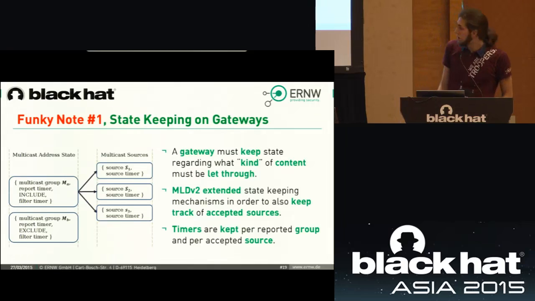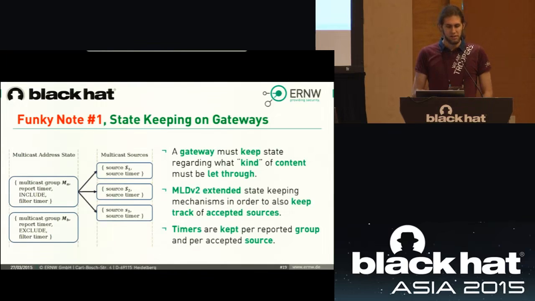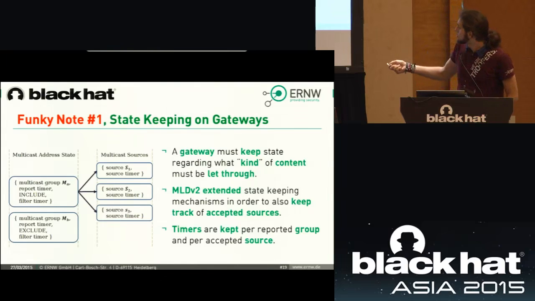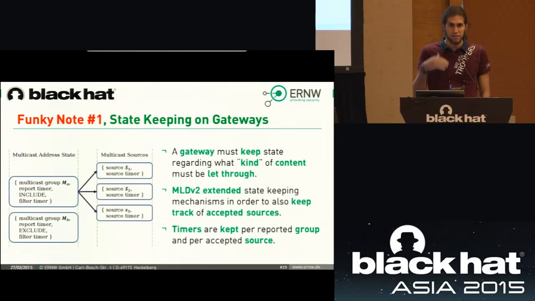For every entry in our table there's a timer, and if this timer is exceeded, the entry will be deleted. So the timer is basically for clearing the table, but it will be renewed every time our listener calls back and says, "Hey, stop! I'm still listening to this."